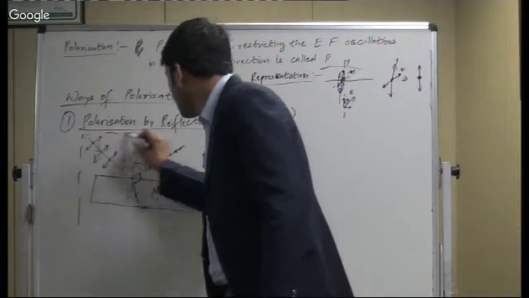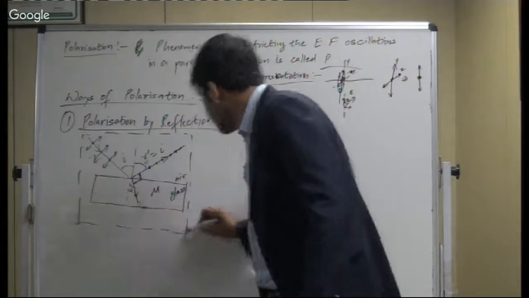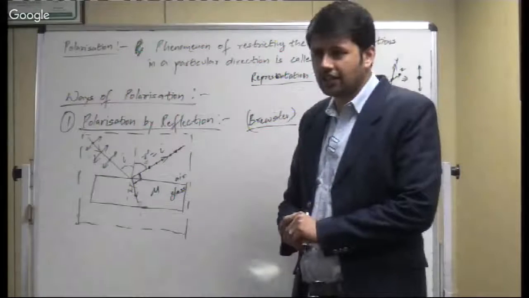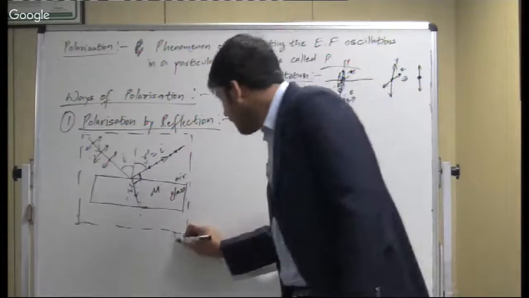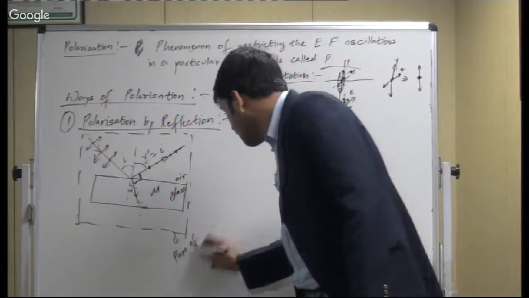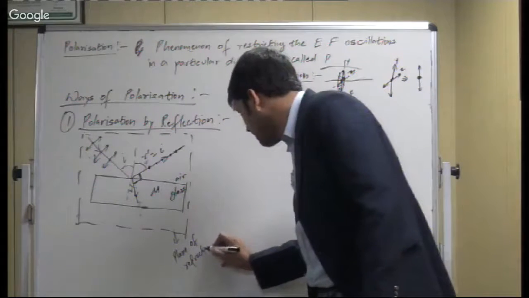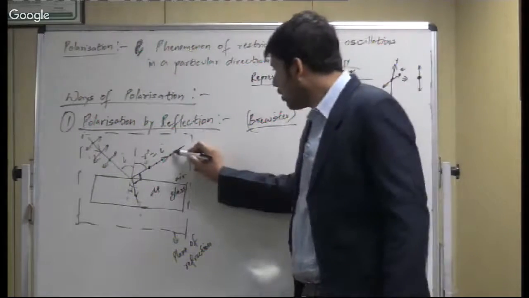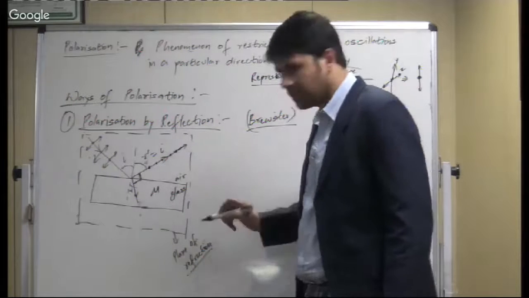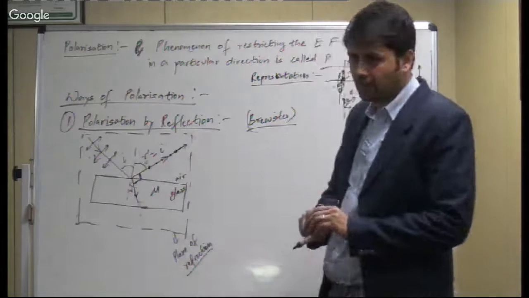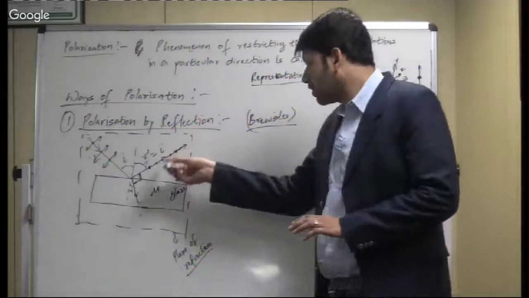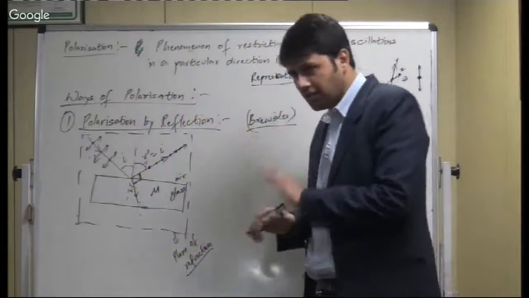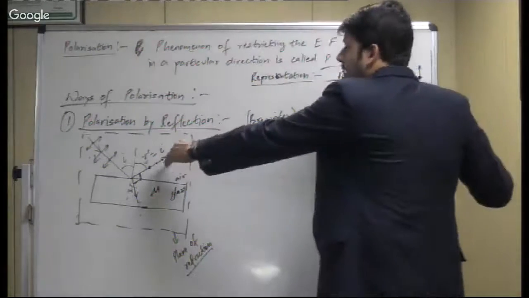Let's define a plane containing the incident, the refracted as well as the reflected ray. Let's call it the plane of reflection as well as refraction. The oscillations would be perpendicular to this plane, into and out of the plane, so they would be horizontal, along the z-axis.